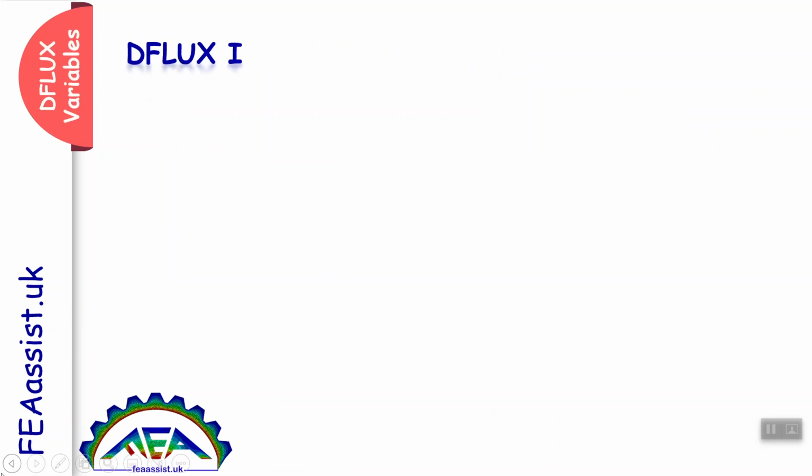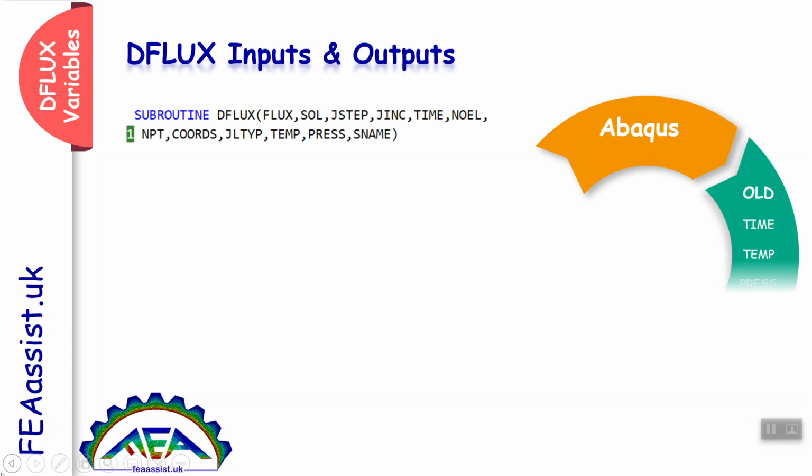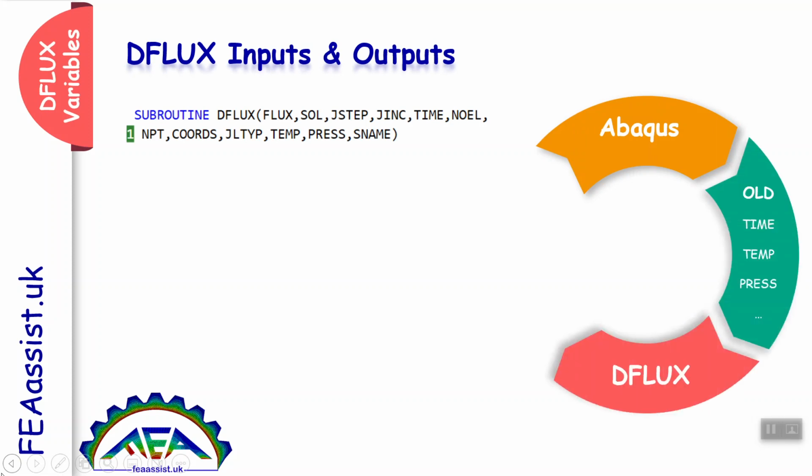DFLUX variables. DFLUX has some inputs. We need to process those inputs and export the processed results as an output into Abaqus. In other words, Abaqus computes time, temperature, pressure, and other variables. We need to get these variables and write our fluxes, actually flux 1 and flux 2, and return them to Abaqus.